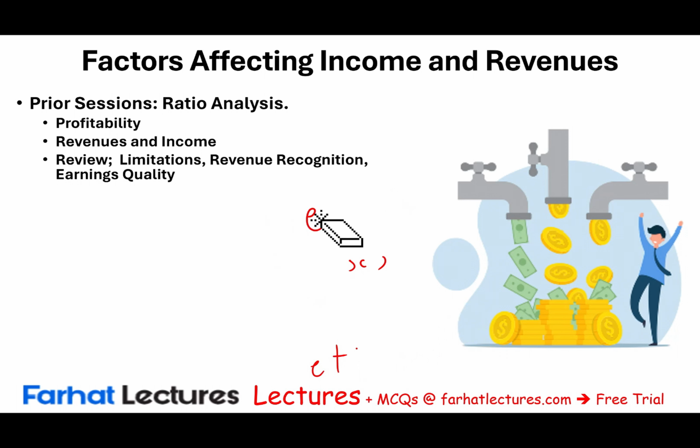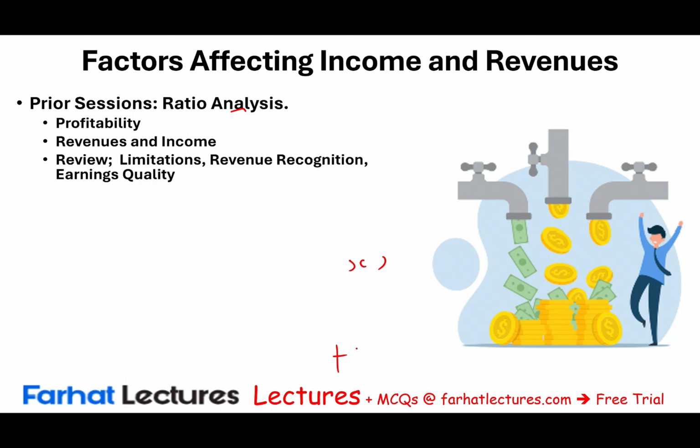For example, when we looked at limitations of ratios, we talked about why they are not as reliable as they should be, and what factors would influence the computation of ratios. When we looked at revenue recognition, we learned how to recognize revenue. When we looked at earnings quality, we learned what is good income, what is good quality earnings. So in this session, we're combining all this information.